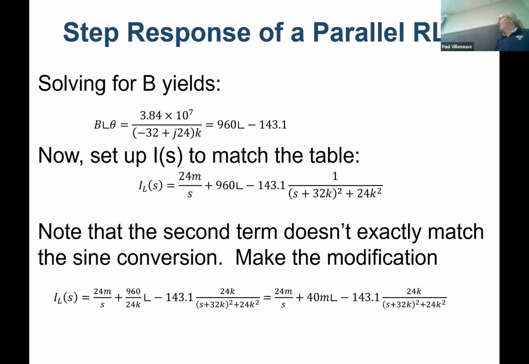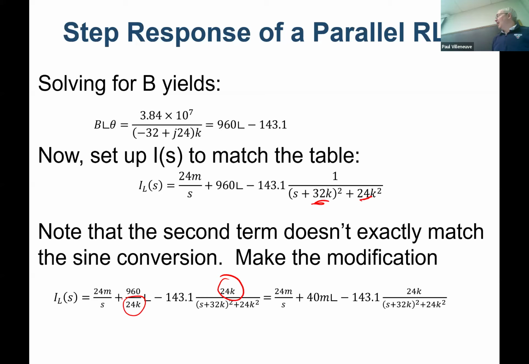Now I'm going to set it up to match the table. So I've got S minus my real part, that quantity squared, plus my imaginary part. And remember, the sine term requires me to have omega in the numerator, which means I have to divide by omega.